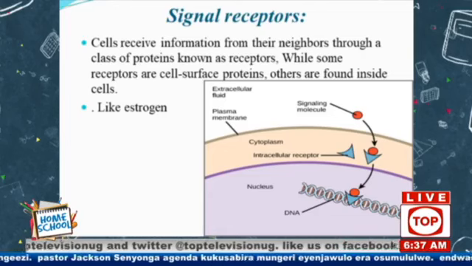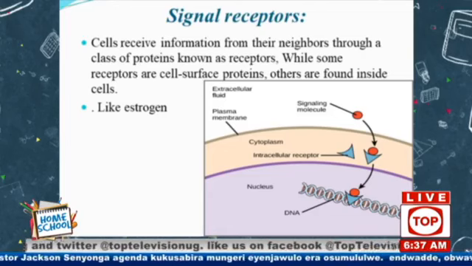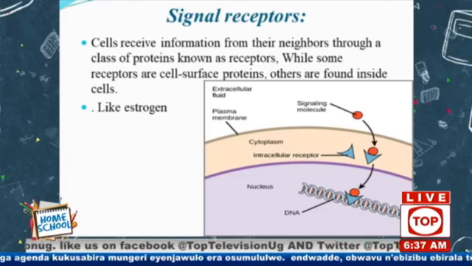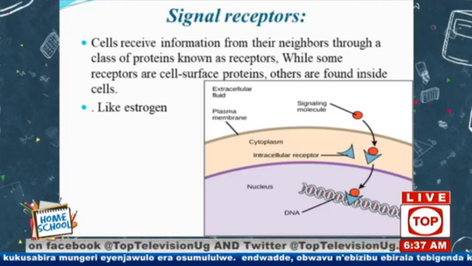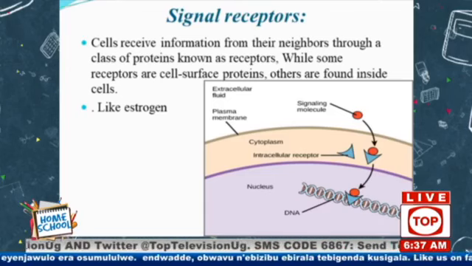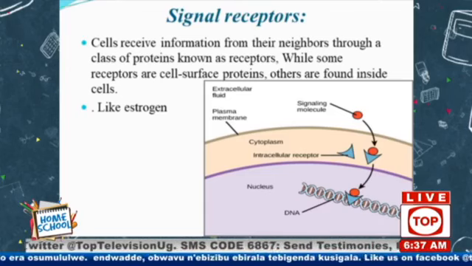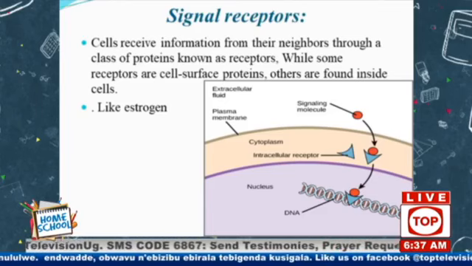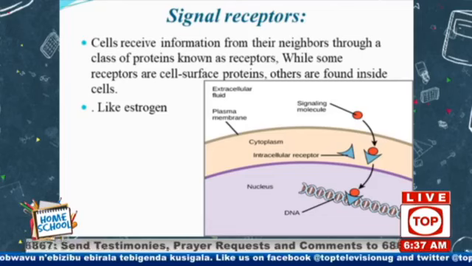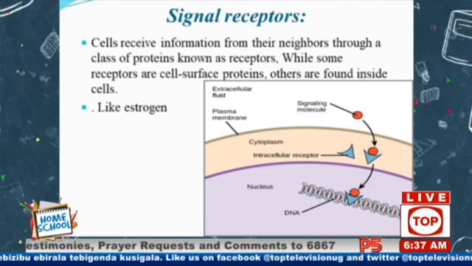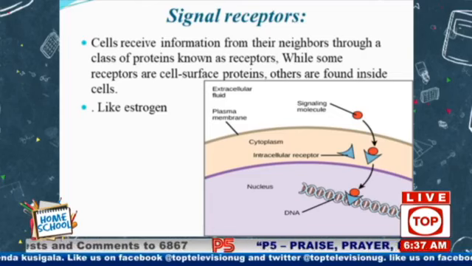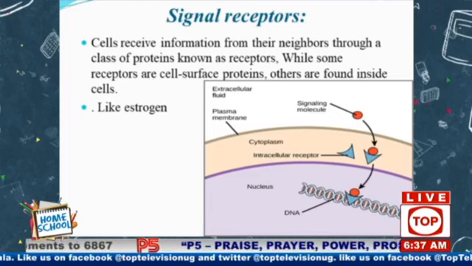If you are going to go inside the cell as a signaling molecule, you have to be small and hydrophobic. Large and hydrophilic molecules are unable to elicit a response from within the cell. So small molecules like estrogen go through the plasma membrane into the cytoplasm and attach on an intracellular receptor. This will in turn go into the nucleus and elicit transcription, and we shall have protein synthesis starting from there.